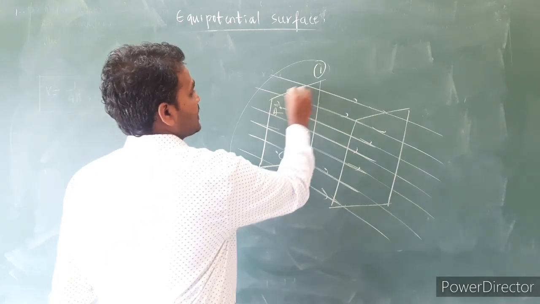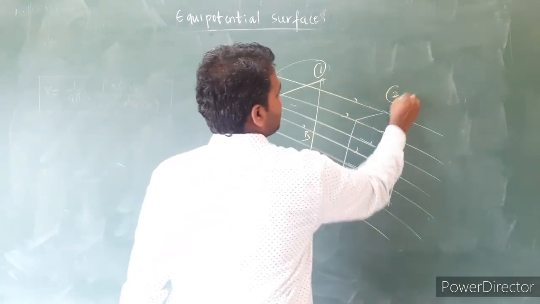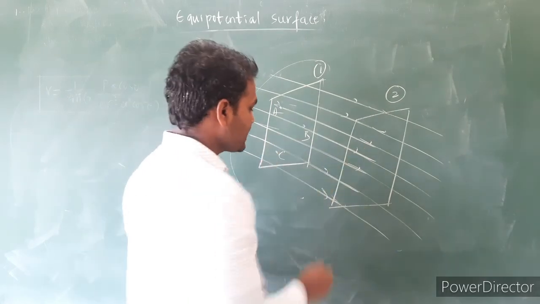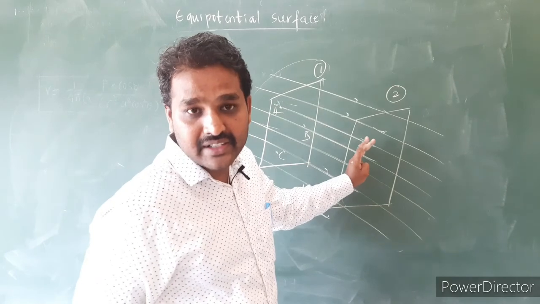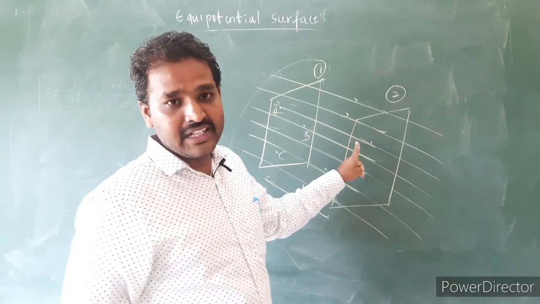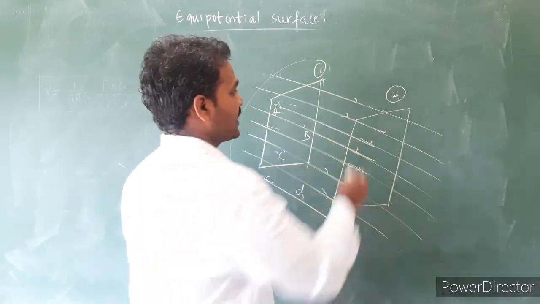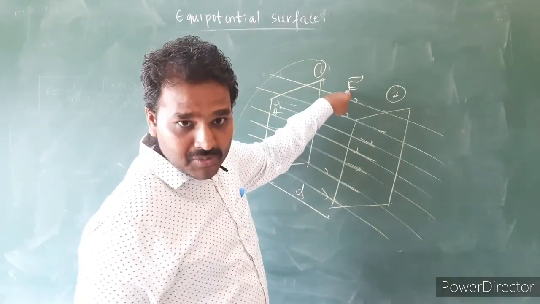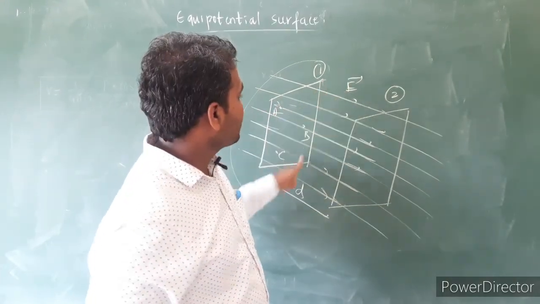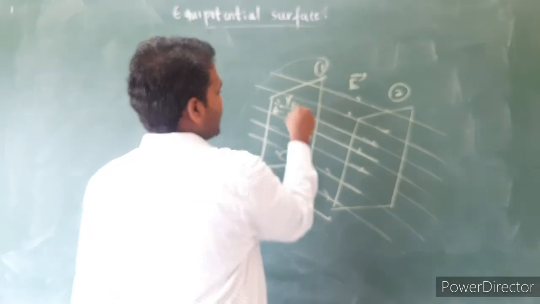Okay. So, this surface 1 and this surface 2. Surface 2 is at a certain distance from surface 1. So, when the distance is different, definitely the electrostatic potential differs because of this electric field. This is the uniform electric field. Because of this uniform electric field, on this surface we have some electrostatic potential V1.